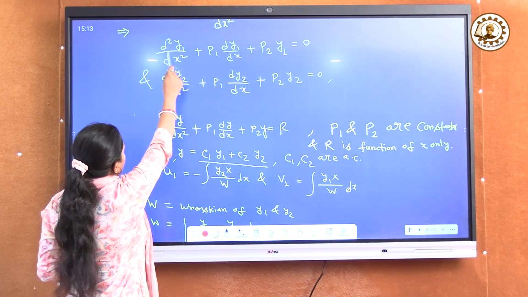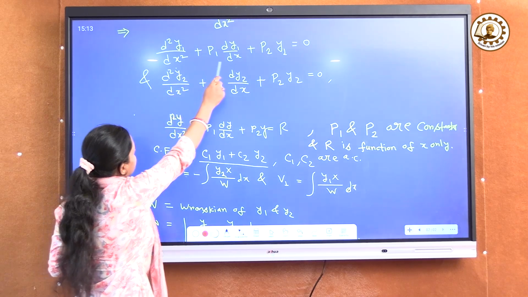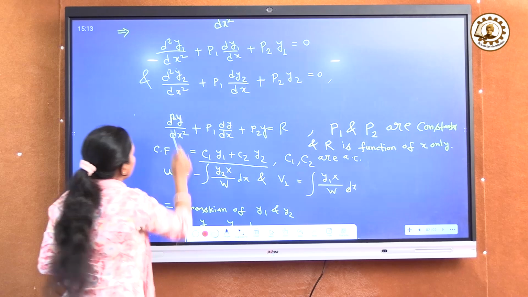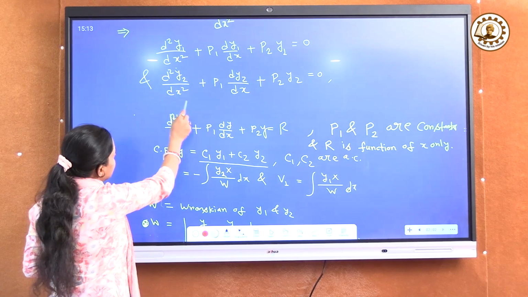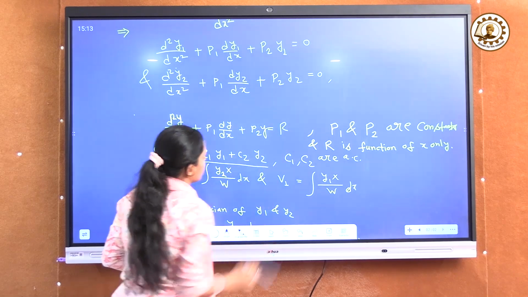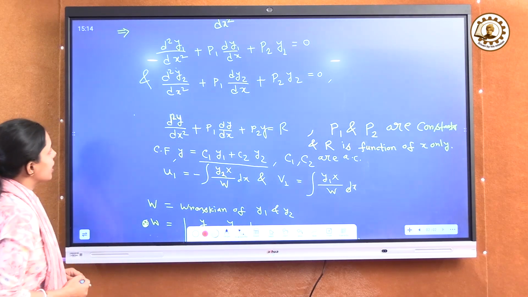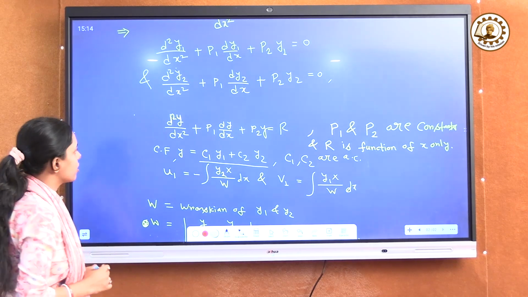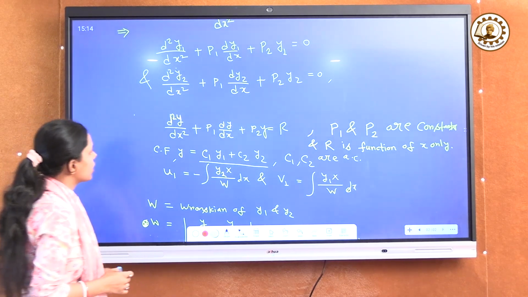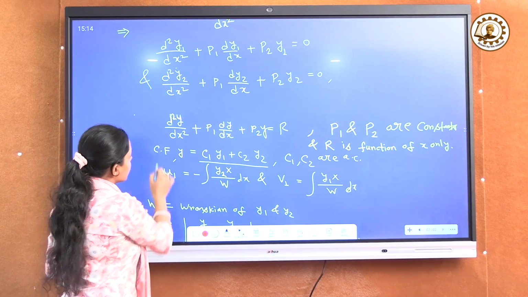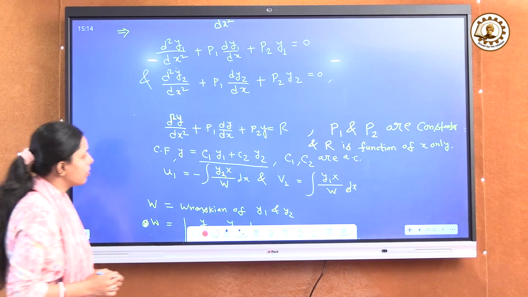These equations are d2y1/dx2 + p1 dy1/dx + p2 y1 = 0, and the second one is d2y2/dx2 + p1 dy2/dx + p2 y2 = 0. Then we get the general solution of the homogeneous linear second order differential equation. At first we know that CF means the complementary function.